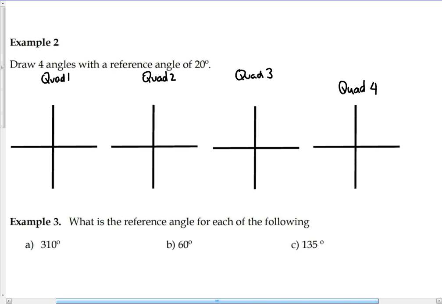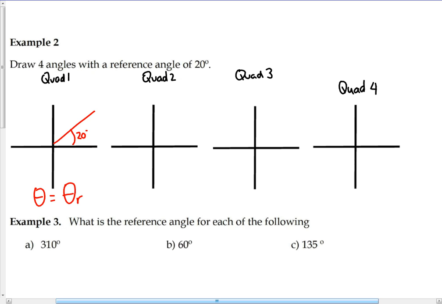I think not. In quadrant 1, what did I tell you about your reference angle and rotation angle? They're always the same. So when I draw the 20 degrees, my reference angle and rotation angle are the same thing. Finding a reference angle in quadrant 1 is the easiest thing in the world because it's the same.